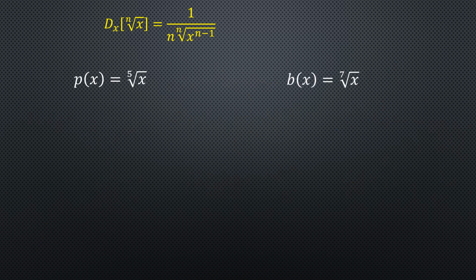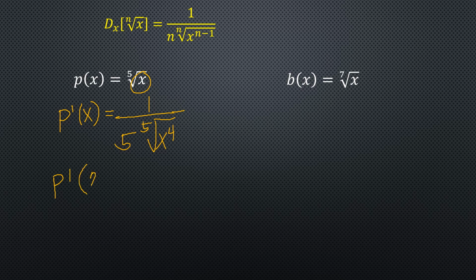So here in the next example, the index here is 5. So we have p prime of x is equal to 1/5 fifth root of x raised to 4. Because 5 minus 1 is 4. So suppose you are asked to solve, what is p prime of, let's say, 2.